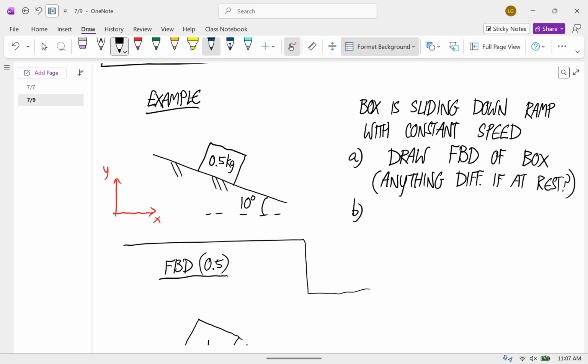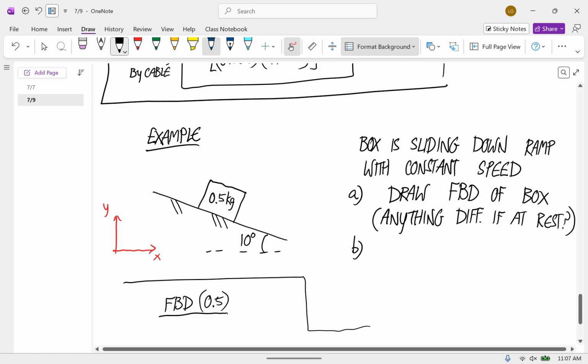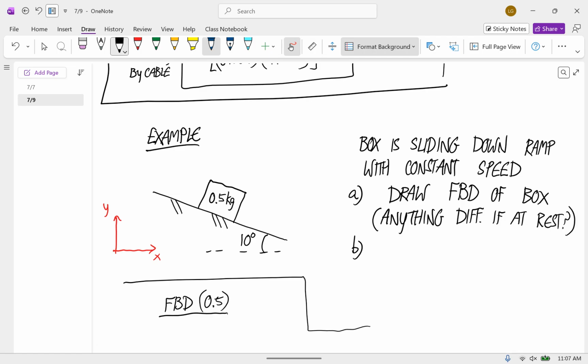It seems like it would be. But it's not accelerating. That's right. All we care about with Newton's laws is whether there's acceleration or not. We can use the rules of statics as long as acceleration is 0. So the whole process would be exactly the same in either case. Okay?